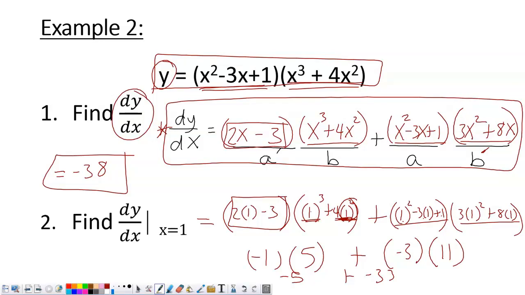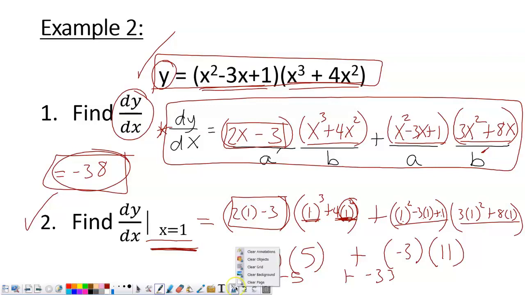In part 2, I asked you to find the slope of this function at the point x equals 1. So for the function y, when x equals 1, the slope at that point, the instantaneous rate of change, would be negative 38. That's a very steep negative slope. Okay? But that's what we just did there. We found the derivative and we plugged in a point.